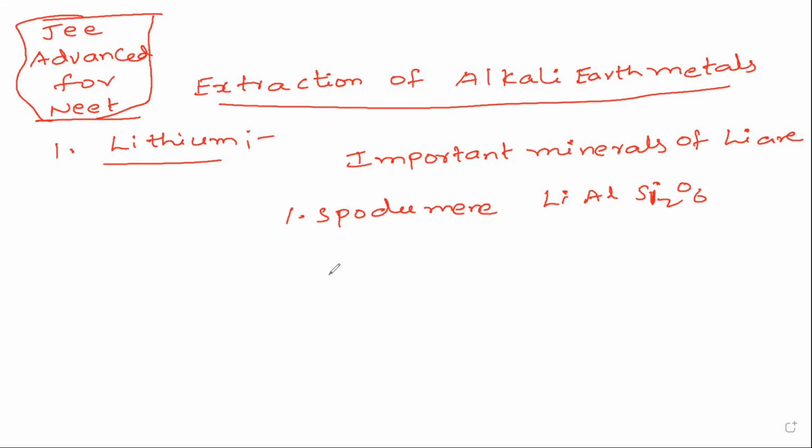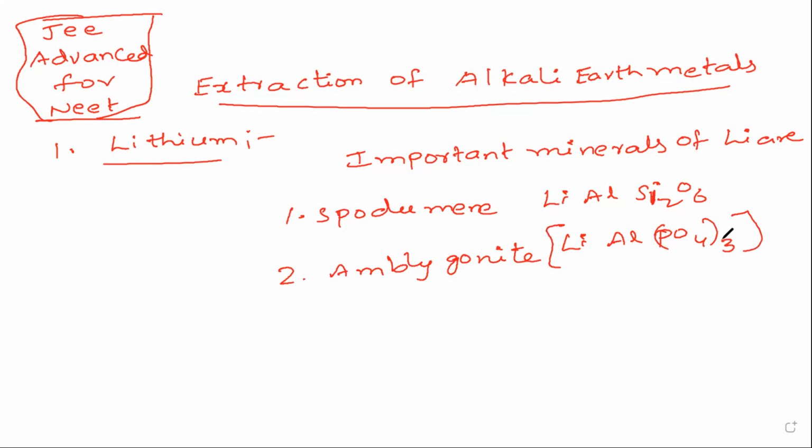Next, we have amblygonite. Second one, we have amblygonite. It is nothing but lithium aluminum phosphate fluoride. Lithium aluminum phosphate, it is PO4 taken twice, and outside it is fluoride.